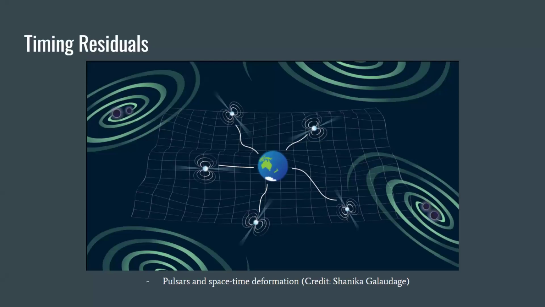So the time that the light from a pulsar will take to get to Earth will increase or decrease. And the difference between the expected time of arrival and the actual time of arrival is called the timing residual. And by analyzing the timing residual, we can see if there was a gravitational wave passing through.